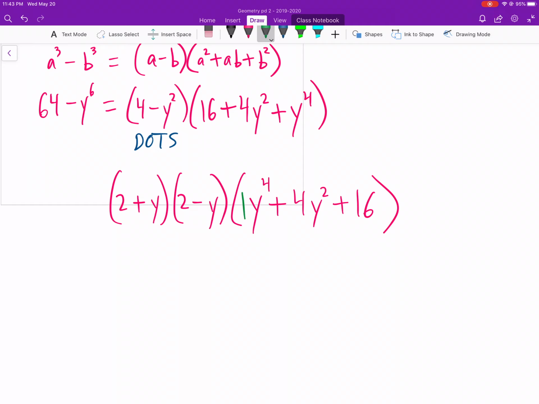Are there any factors? Let's just go through this. Can we factor that trinomial? Is there anything that multiplies to 16 that adds to 4? It's good to check for anything that multiplies to 16 and adds to 4.